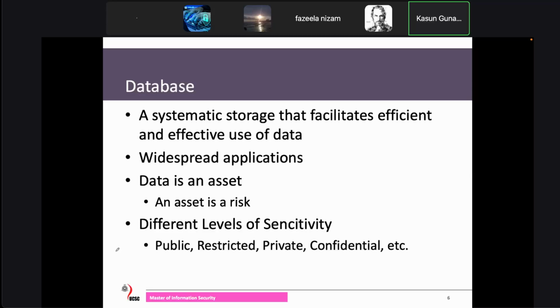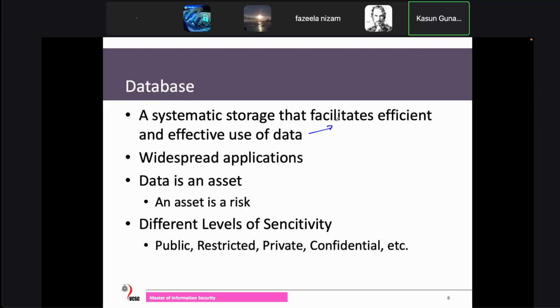So a database is basically a systematic storage that facilitates efficient and effective use of data. So in this regard, there can be lots of requirements facilitating efficient and effective use of data. It's not just about simply storing data.